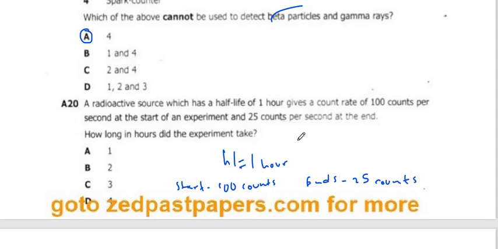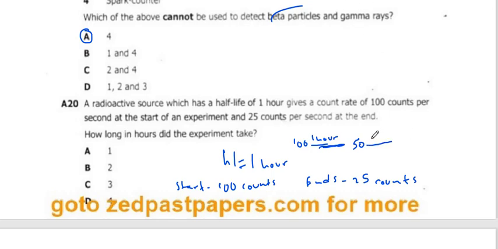So at the beginning it had 100 counts. Then after 1 hour, these counts dropped to, what is half of 100? 50.